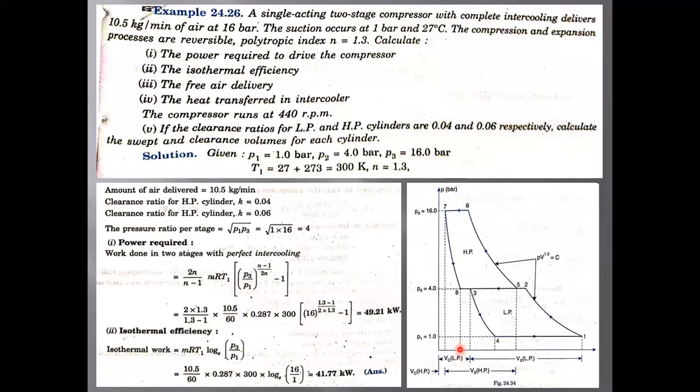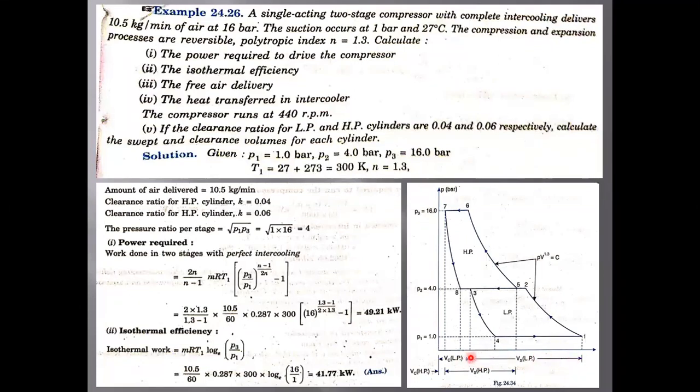This one, right? This is the whole swept volume, from here to here. Up to here only, since this is the swept volume for the high pressure cylinder. And this is the clearance volume for the low pressure cylinder, and up to here is the swept volume for the low pressure cylinder.